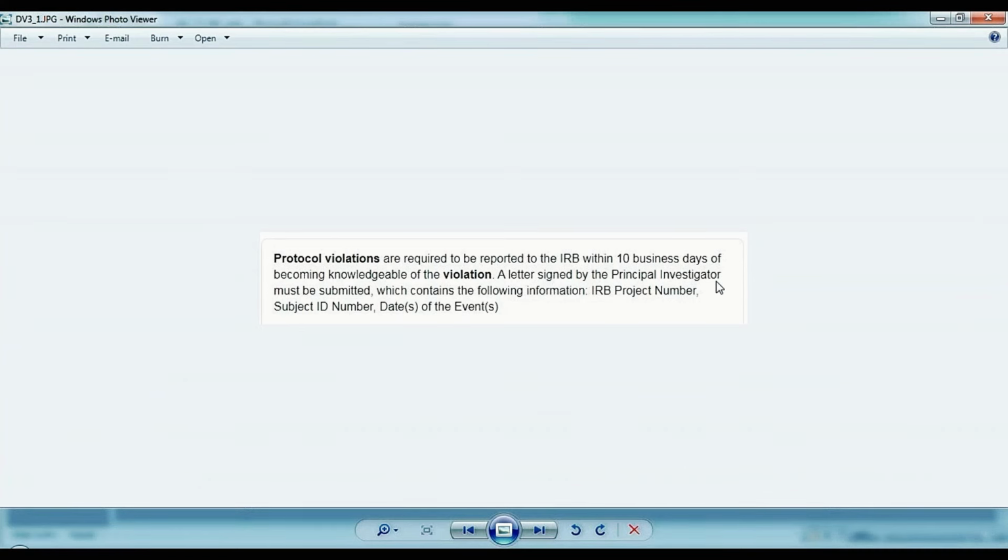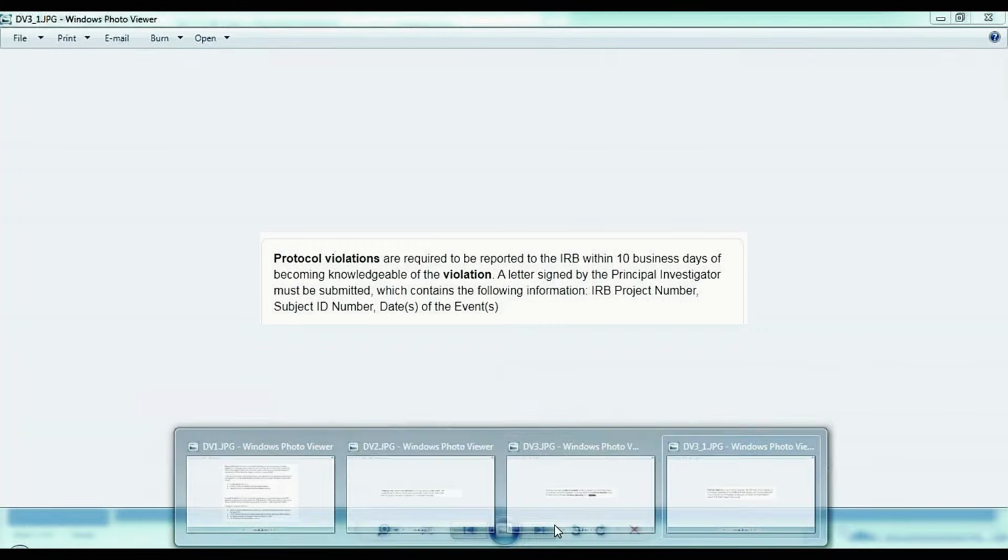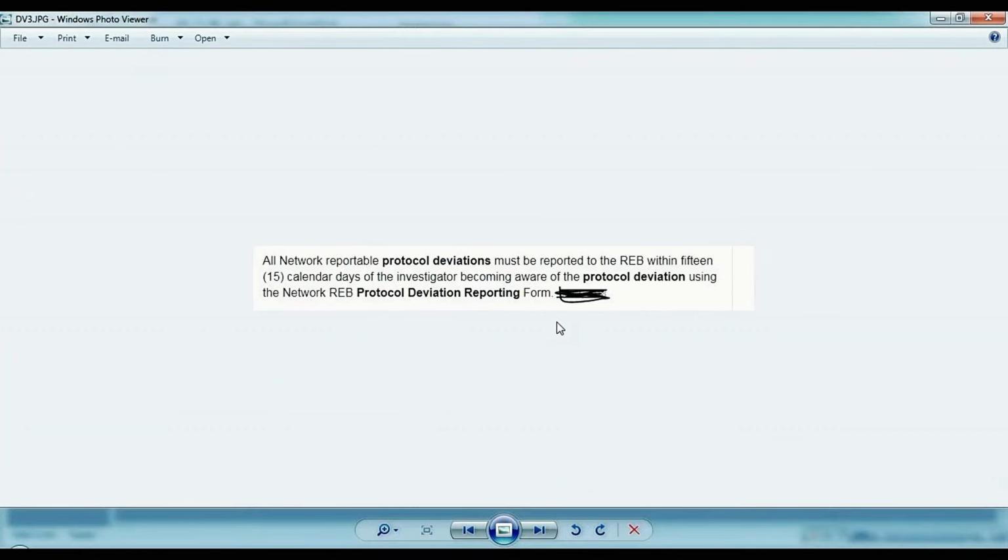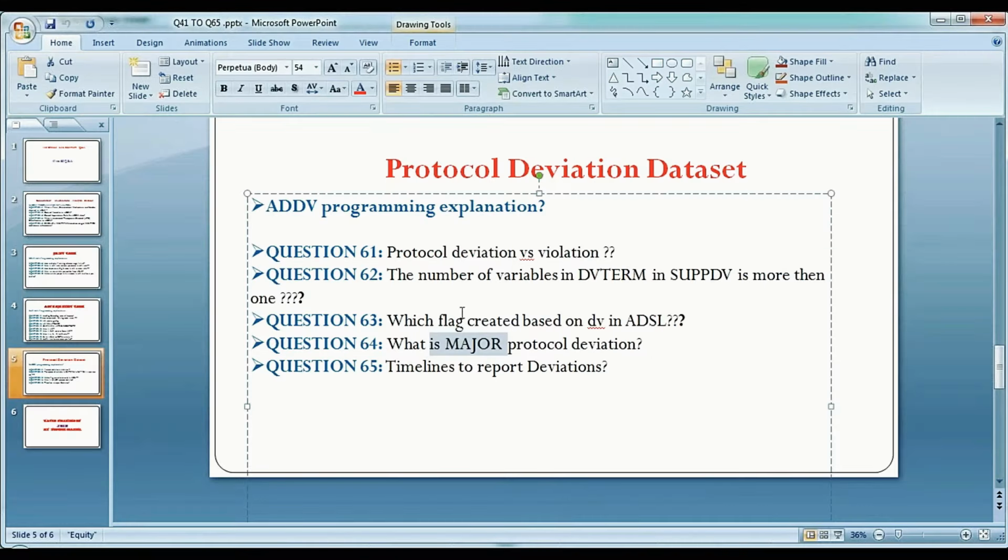A letter signed by the principal investigator must be submitted containing the following information to the IRB: project number, subject number, date, etc. Violations are within 10 days and deviations are within 15 calendar days. This question may be asked in an interview.